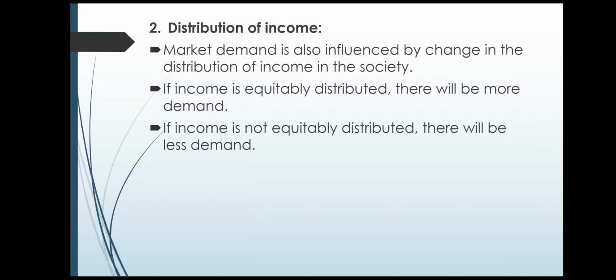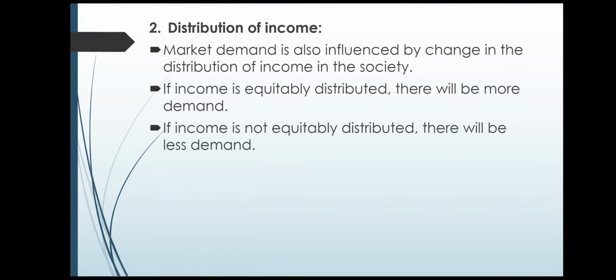Distribution of income. Market demand is also influenced by change in distribution of income in the society. If income is equitably distributed, there will be more demand. If income is not equitably distributed, there will be less demand.